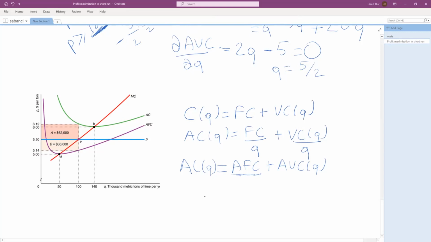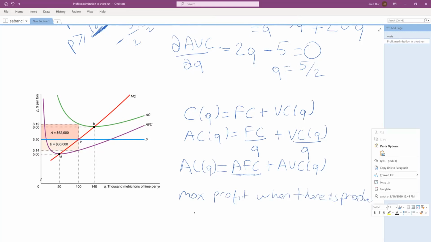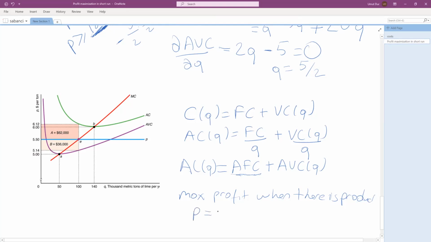So what I know here, the maximum profit when there is production is basically calculated when price is equal to marginal cost.